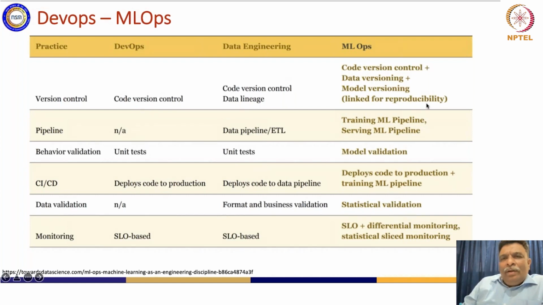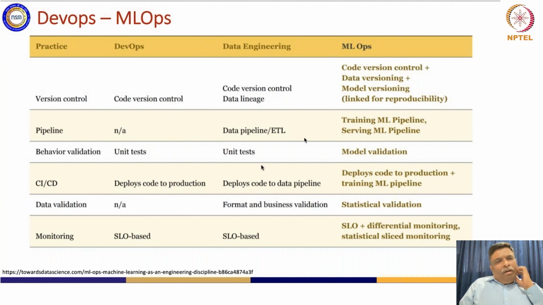You mixed both of them to get MLOps, which is code version control plus data versioning plus model versioning. It basically meant that you are going to link DevOps with data engineering, plus adding this model-based versioning into it, right?